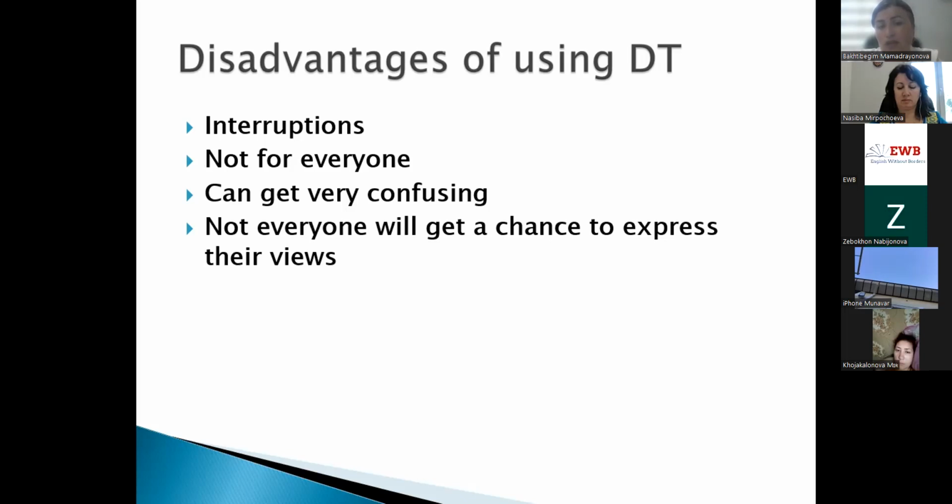It can get very confusing. Here, for example, the facilitator and teacher give the information or the question, and not all students can understand what the requirements are, what we should do, and they ask each other, what should we do? In this case, teachers need to be careful to give the information more correctly, and be sure that they understood it, or is it clear for them.